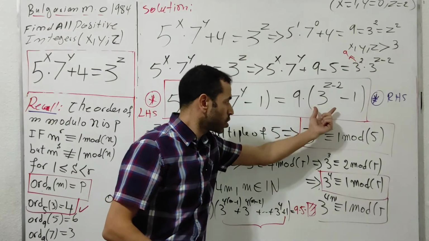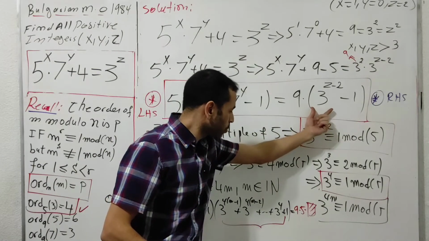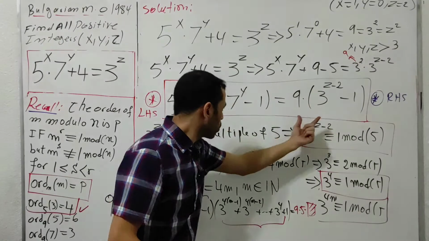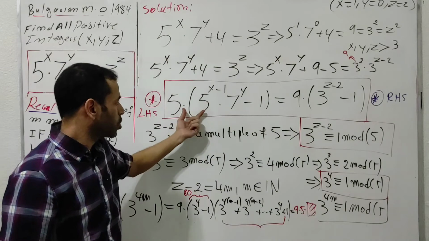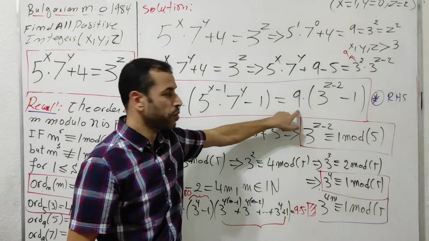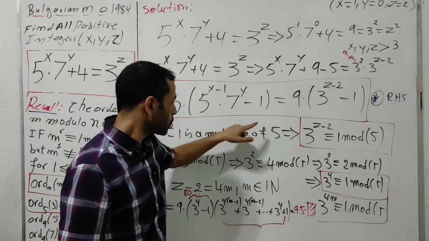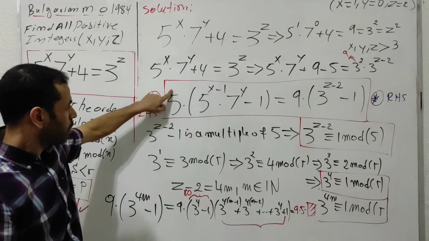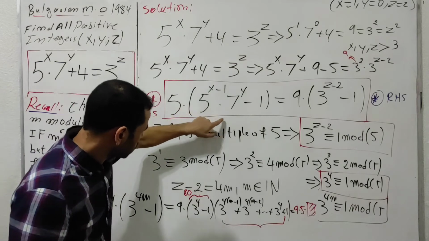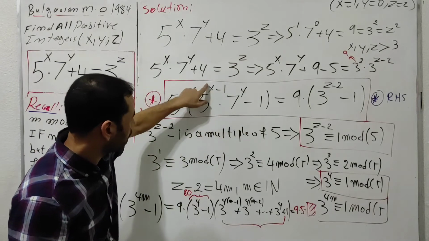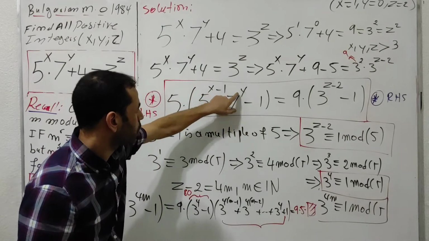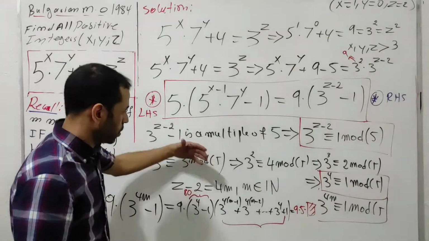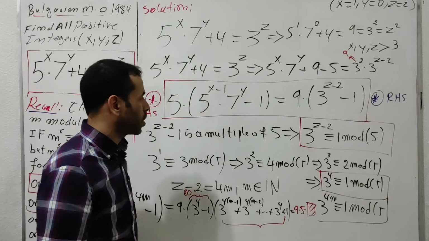This term is a multiple of 9, so the left hand side of this equation is also a multiple of 9, because of equality. But 9 is not a multiple of 5. That means this term, 5 to the x minus 1 multiplied by 7 to the y minus 1, is a multiple of 9.